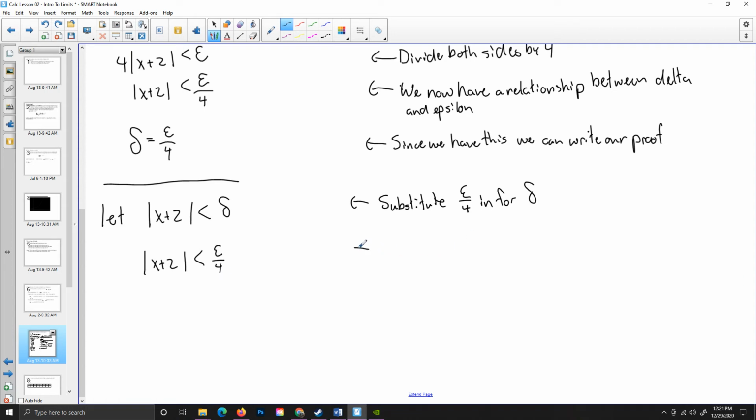And we will multiply both sides by 4. That'll give us 4 times the absolute value of x plus 2 less than epsilon. And because when I distribute a positive inside the absolute value, it will not change what's on the inside of the absolute value, I can distribute.